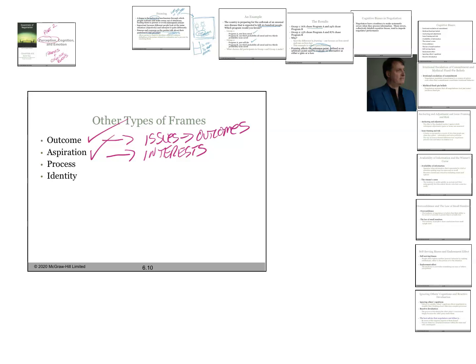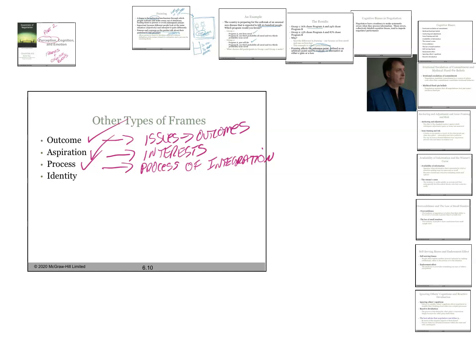The next one is the process frame. This frame is focusing on the process of negotiation itself. So if you're negotiating with somebody who has a very present or strong process frame, they're interested in the process of how the negotiation is going to take place, the logistics, ethical discussions, principles, the guidelines that are set for the negotiation.